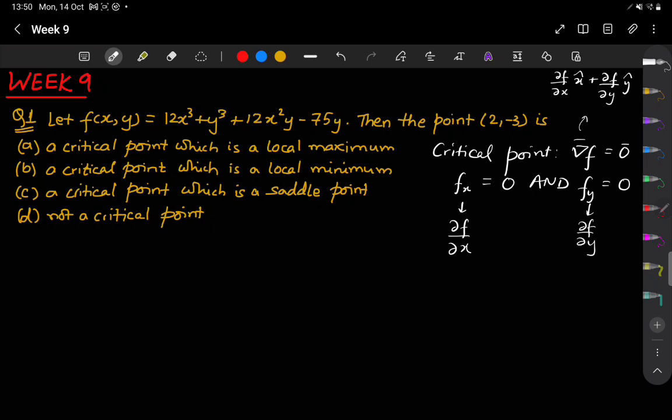Fx is del f by del x, that's the partial derivative of the function with respect to x. Partial derivatives come into picture when you have a multivariate function. You want to differentiate with respect to one particular variable by treating the other variable as a constant.